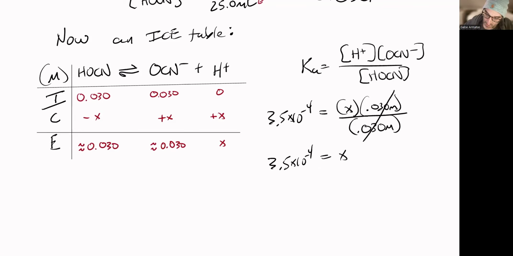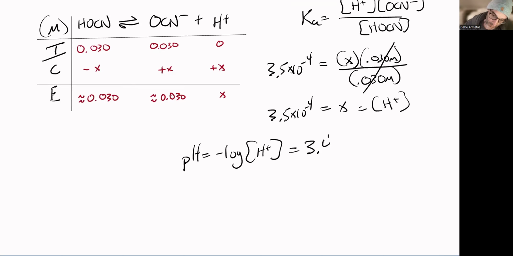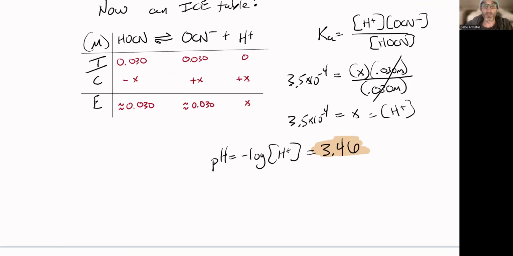Now, this X is equal to the concentration of H plus, and pH is equal to the negative log of the concentration of H plus. Plug that value in, 3.46. That's it. That's how we solve for it.